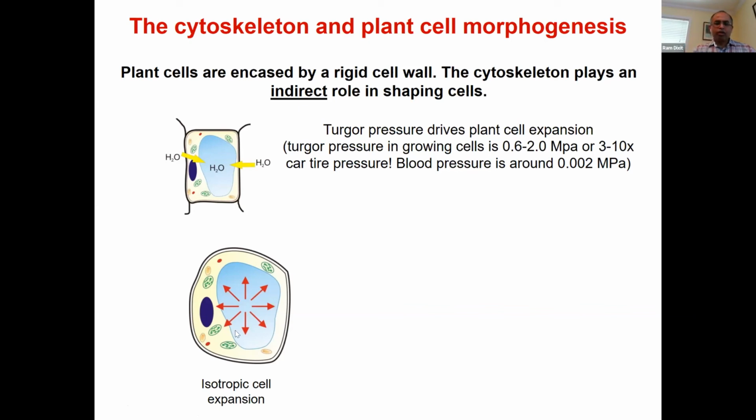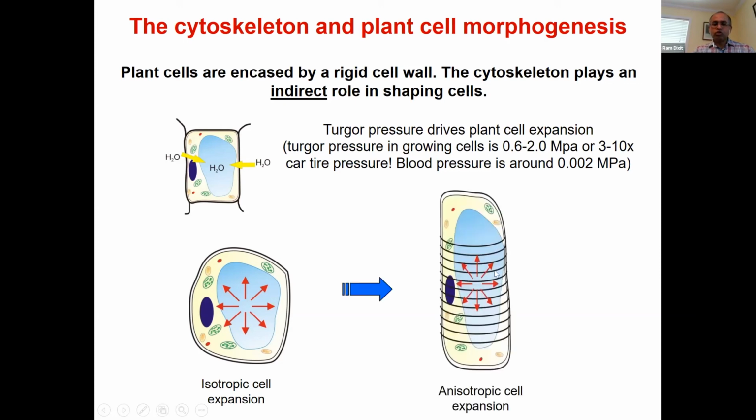But instead, what plants do to harness that turgor pressure and convert it into cell shape is they use the cytoskeleton to structure the cell wall material. So the cell wall material isn't deposited randomly, but it is deposited in an asymmetric or anisotropic manner.